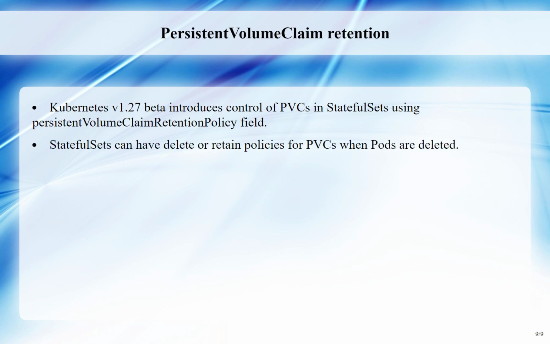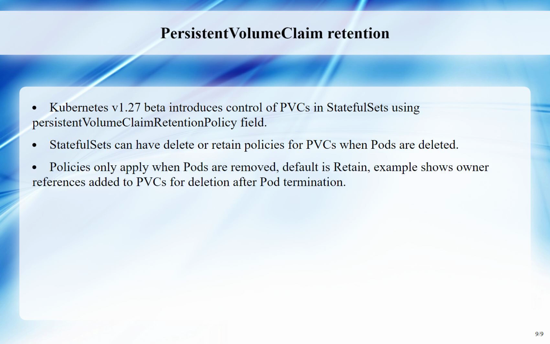Two policies can be configured for each StatefulSet, whenDeleted and whenScaled. Delete policy deletes PVCs when pods are deleted, while Retain, the default, retains PVCs when pods are deleted. These policies only apply when pods are removed due to StatefulSet deletion or scaling down. The default policy is Retain, maintaining the current StatefulSet behavior.